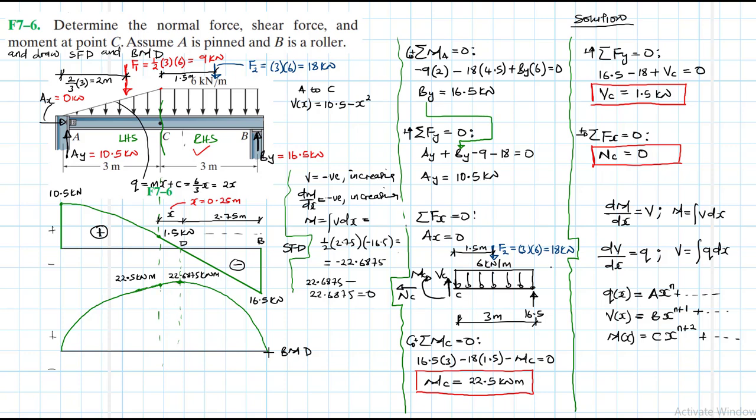I think this is about it. This whole moment there is positive. Let's look at the value at C. At C, we found a positive shear of 1.5, and we also found a positive moment of 22.5, which tallies with our diagram.